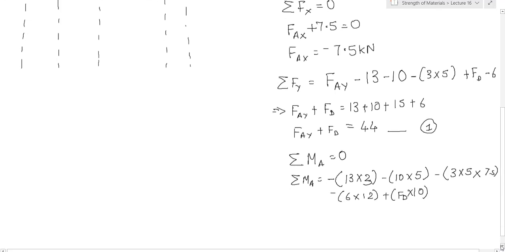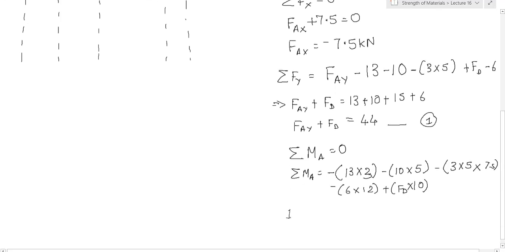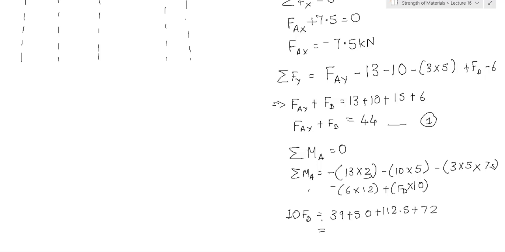Now if we calculate this value, we will have 10 FD on one side and everything else on the other. 39 plus 50 plus 15 into 7.5. 15 into 7.5 is 112.5, plus 72, which is coming out to be 39 plus 50 plus 112.5 plus 72, which is 273.5.